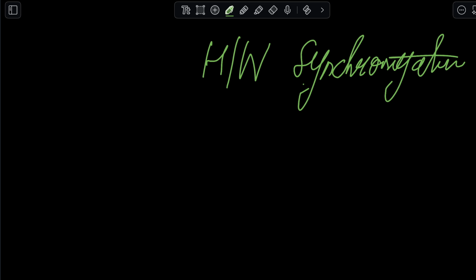Basically we were talking about hardware synchronization, right? For hardware synchronization we have two main methods, mutex and semaphore. So let's study more about hardware sync.